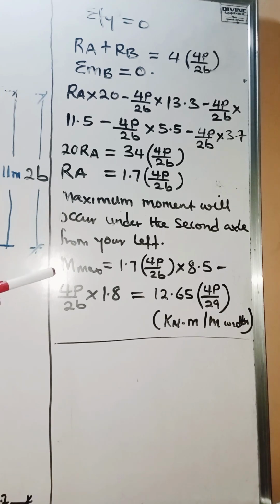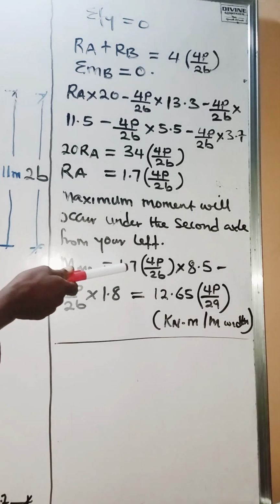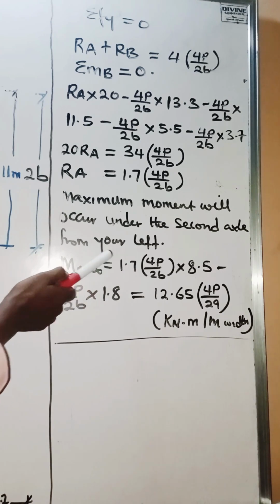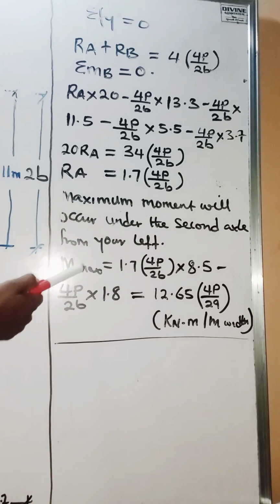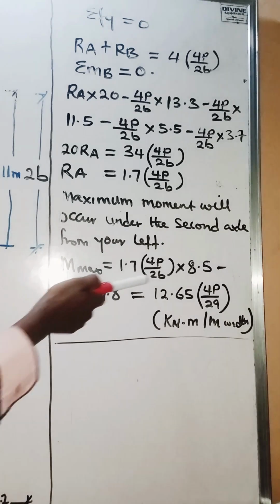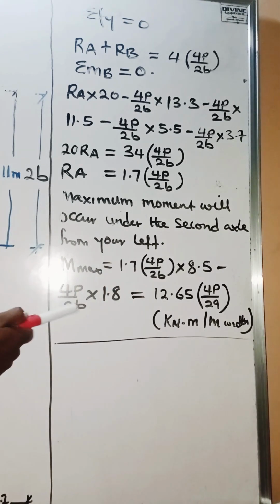So in doing that, you are going to say the maximum moment becomes the reaction at A times the distance from A to where we have the second axle, and that is 8.5, minus the load.